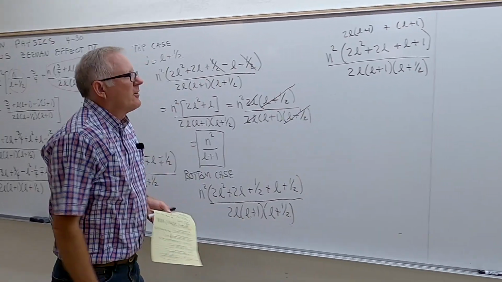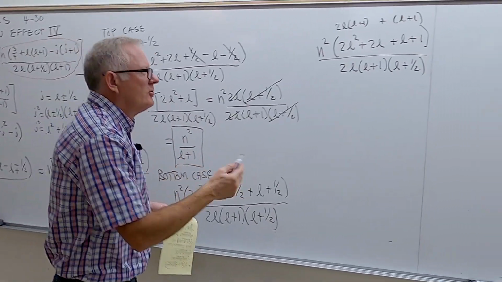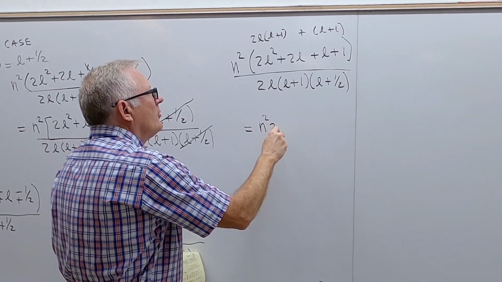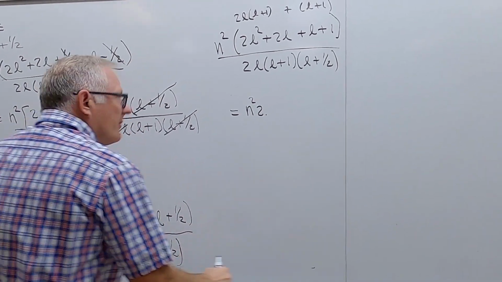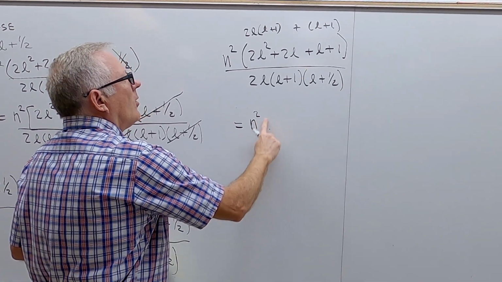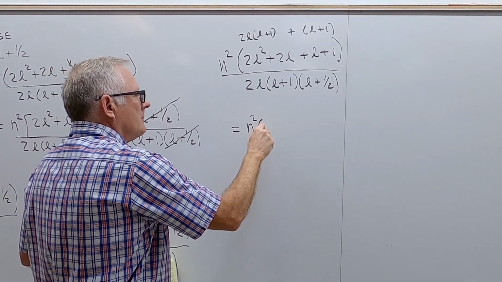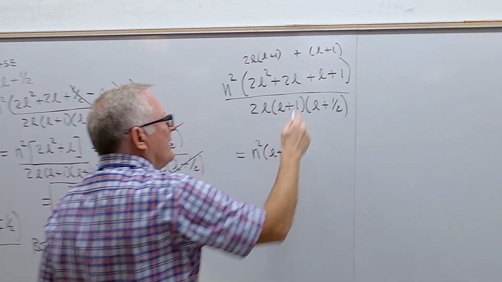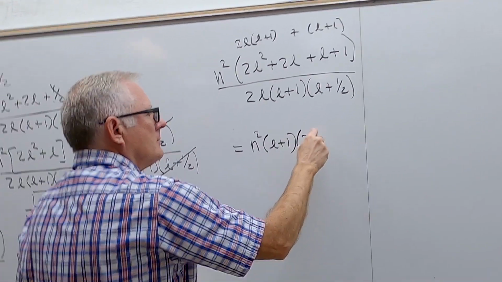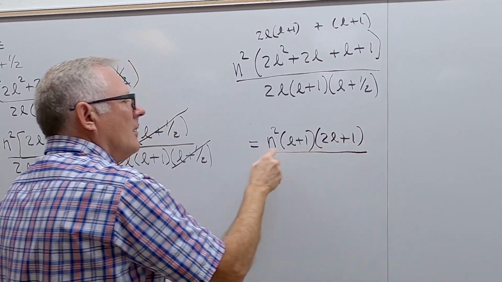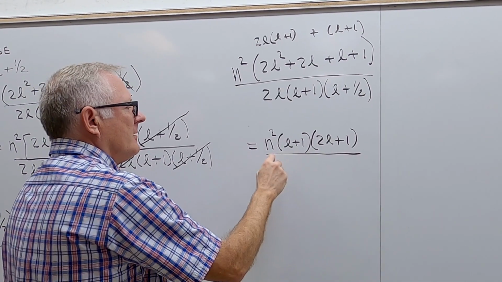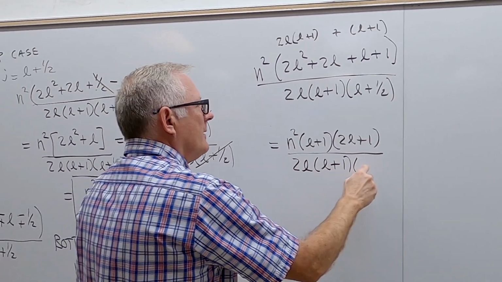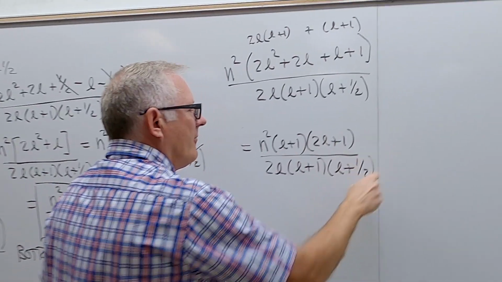So I can factor out the L plus 1 out of those two terms, and so this is n squared, factoring out the L plus 1, and we're left with 2L plus 1 all over 2L times L plus 1 times L plus 1 half.